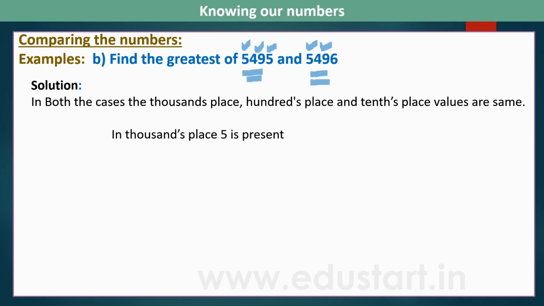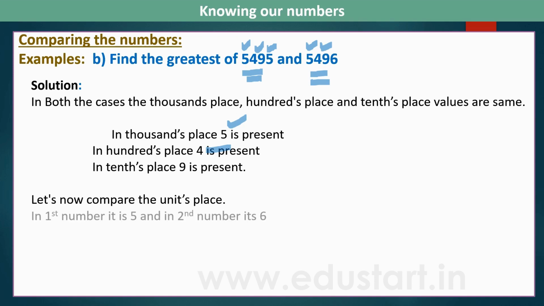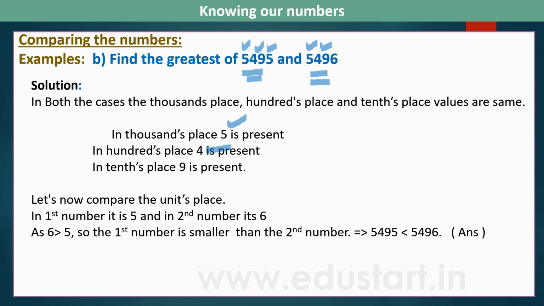So now let's compare the units place. In the first number the units place is 5 and in the second number it is 6. As 6 is greater than 5, the first number is smaller than the second. It means 5495 is smaller than 5496.